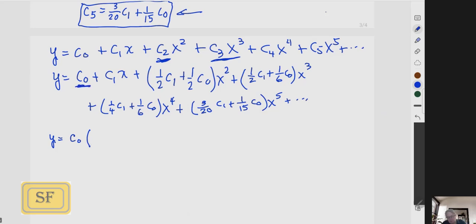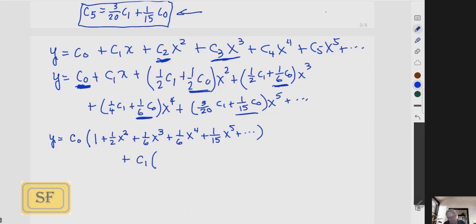So I'm going to underline these as I go. I get 1 plus 1/2 x squared plus 1/6 x to the third plus 1/6 x to the fourth plus 1/15 x to the fifth, and that continues, plus my C1, and then I'll underline each of my C1s.